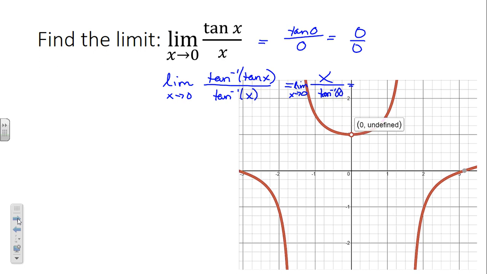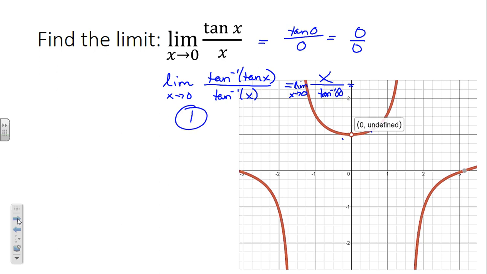And another asymptote over here, right? But what's happening as we get closer and closer to x being 0? 1. And 0 over 0 looks suspiciously like 1, right? So even though the function's not defined here, the limit is still going to be 1.